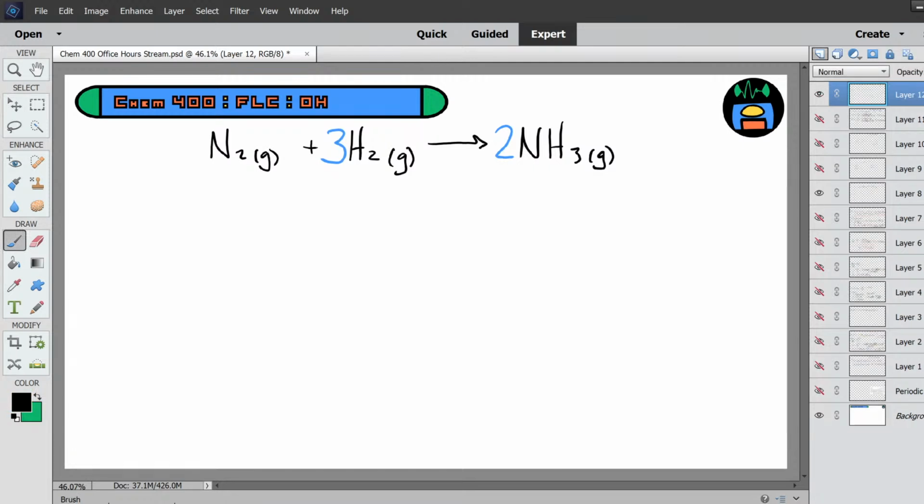All right. So let's do our limiting reactant calculation. So we have 0.17599 technically. I should have rounded that up to a 7.